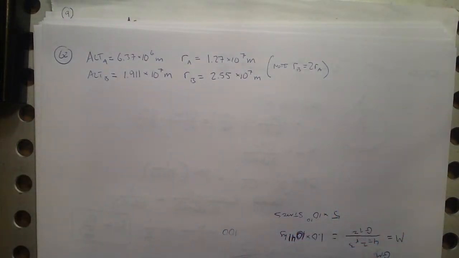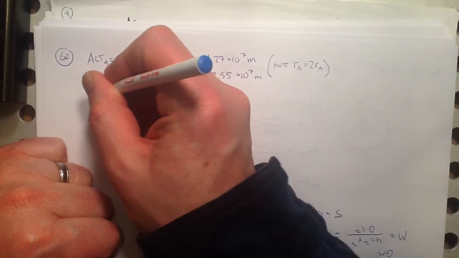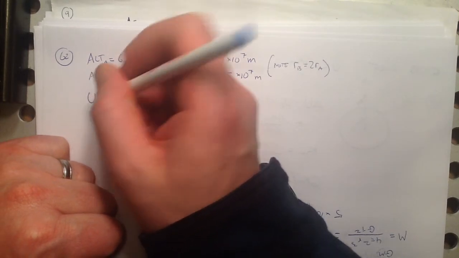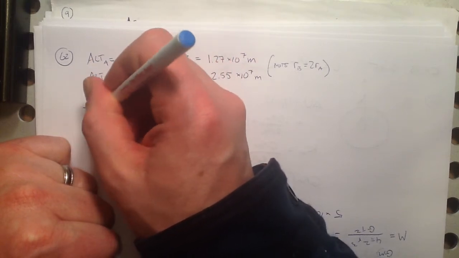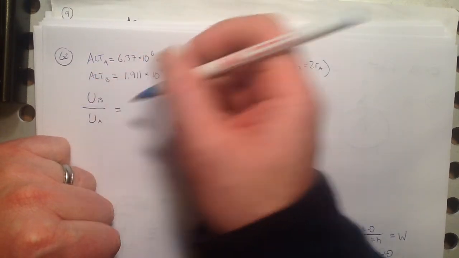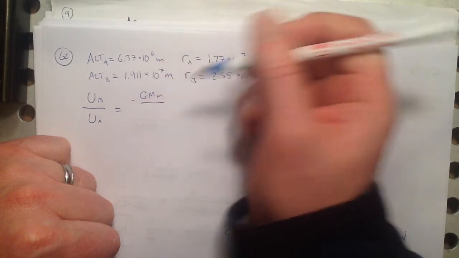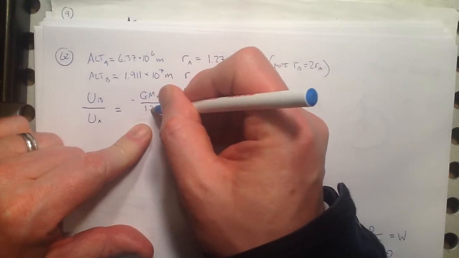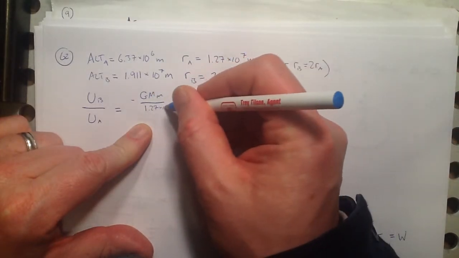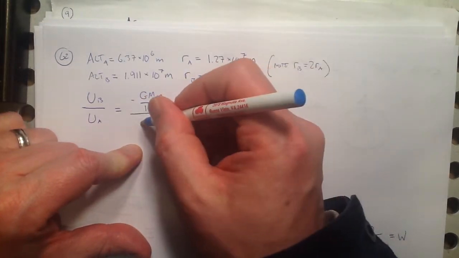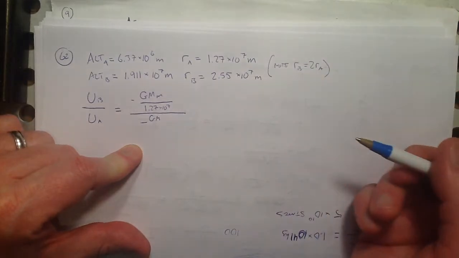All right, and they want to know what's the ratio of the potential energy of satellite B to that of satellite A in orbit. So I want the ratio of the potential energy of B to the potential energy of A. So that's negative GMm over R. Oh dear, I got that backwards.